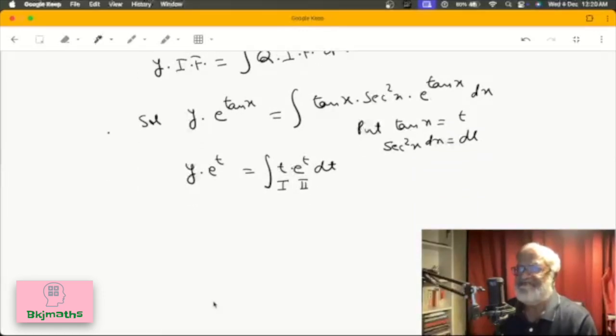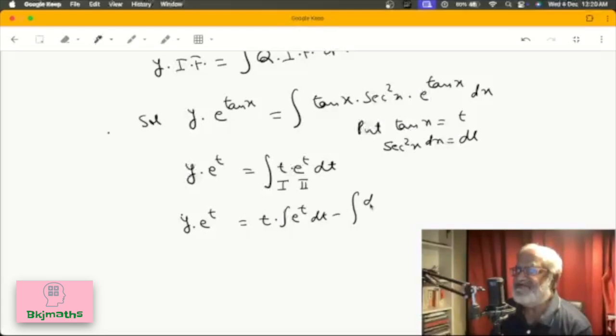So by integrating by parts, y into e to the power t equals, first function that is t into integration of second, minus integral differentiation of first, that is dt, into integration of second, integration of second is e to the power t dt.